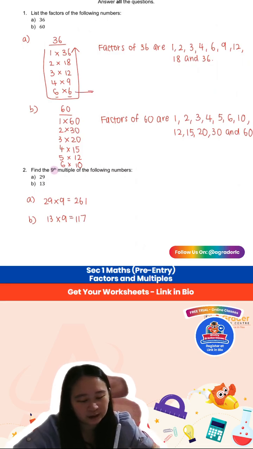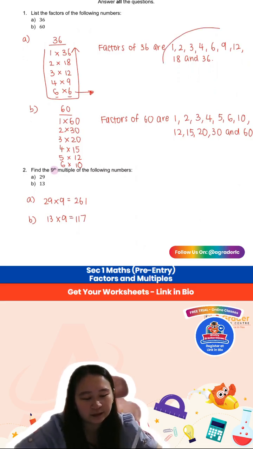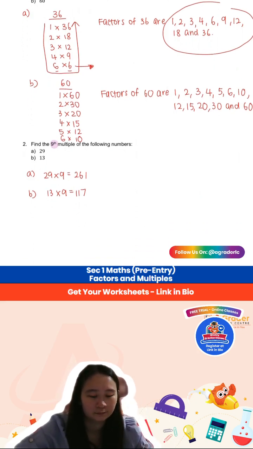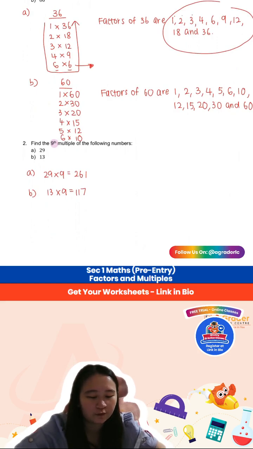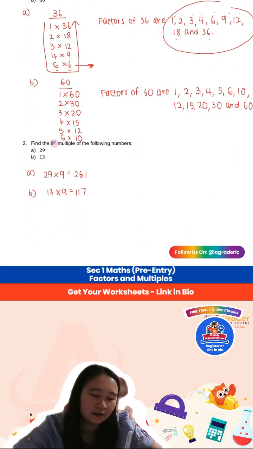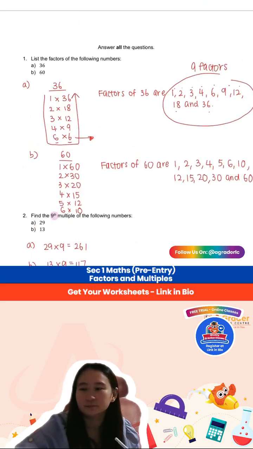Like for example, 36. 6 times 6, you only count this number 6 one time. So can you see here that there is an odd number of factors? Because there's 1, 2, 3, 4, 5, 6, 7, 8, 9. There's only 9 factors here. You can see that?